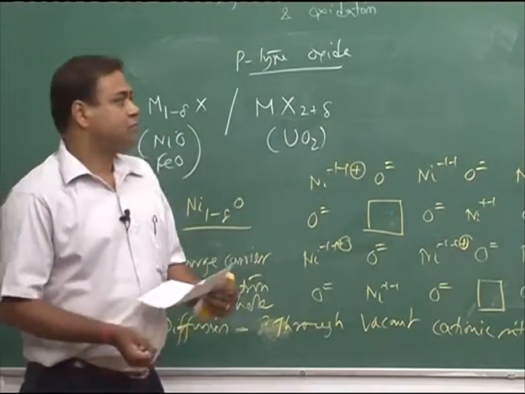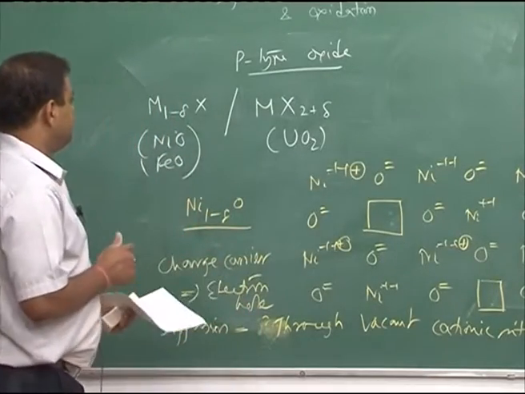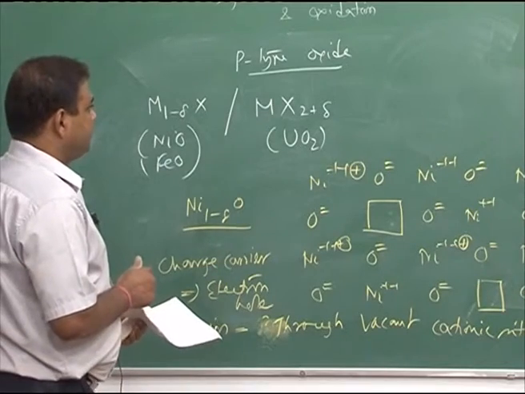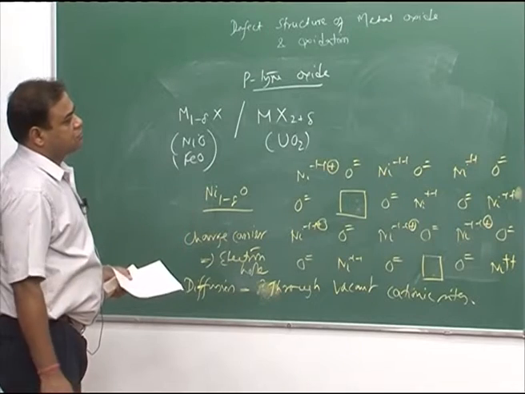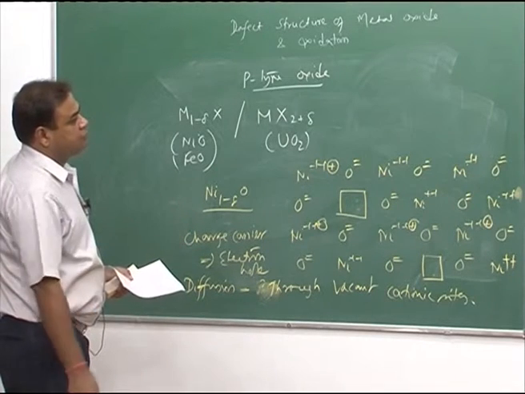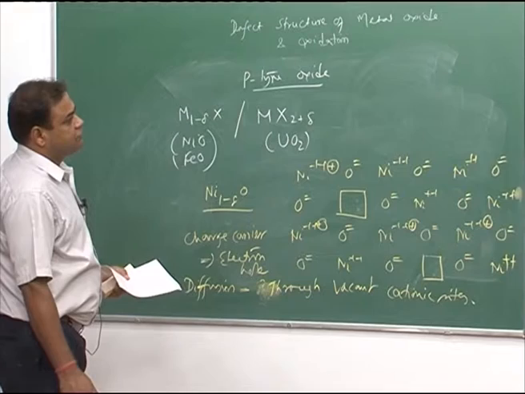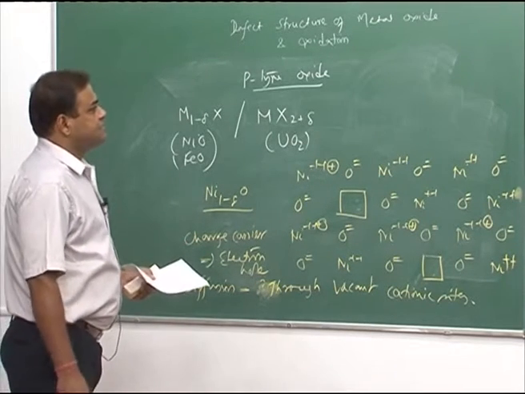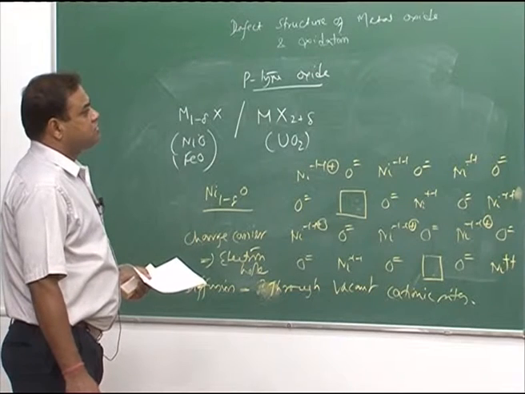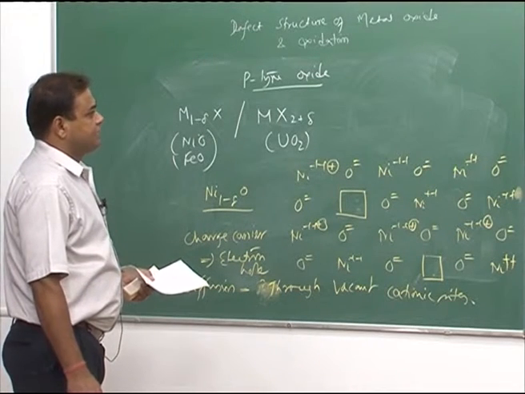So, let us also look at what happens in case of P type oxide, and we see in case of N type oxide that oxide growth would be at two different interfaces depending on whether it is metal excess N type oxide or oxygen deficient N type oxide.